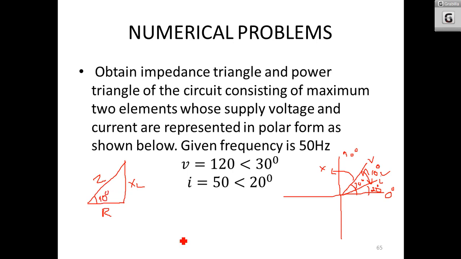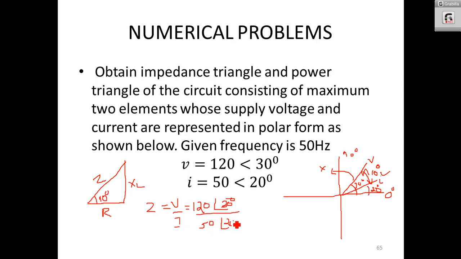Okay. Now, first of all, find the value of impedance. What is impedance? Impedance Z is equal to voltage by current. What is voltage? It is 120 at an angle 30 degree divided by 50 at an angle 20 degree.